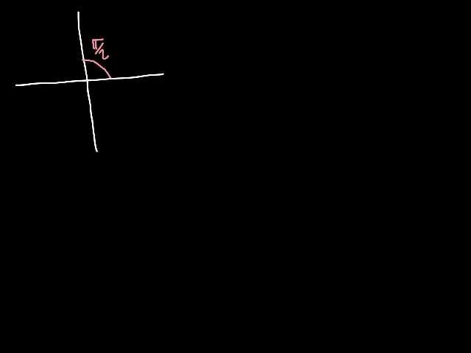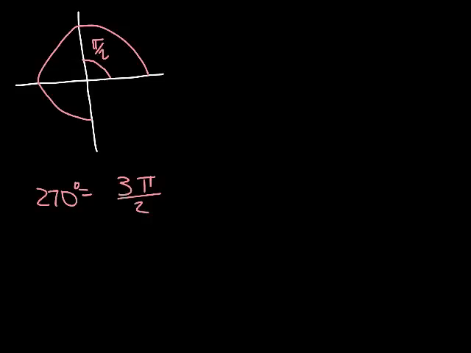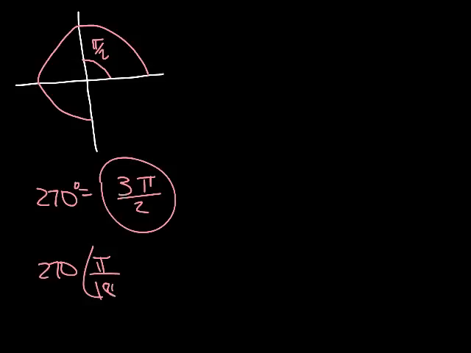If I want to know the radian measure of a 270-degree angle, I'm doing 1, 2, 3 pi over 2's. And if you took 270 times pi over 180, that would reduce to 3 pi over 2. And you can do that with an awful lot of these angles.